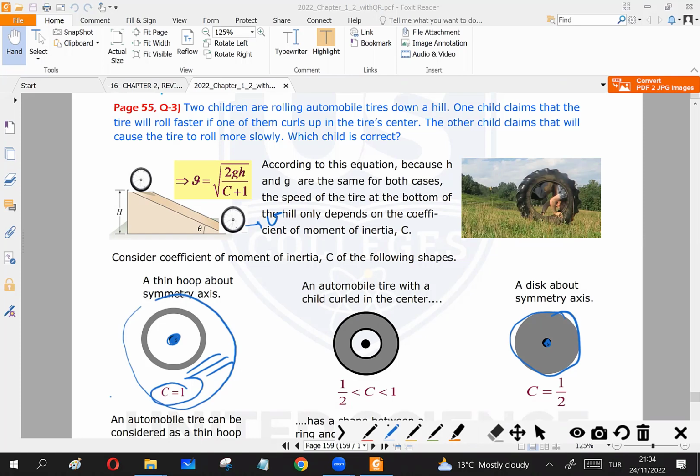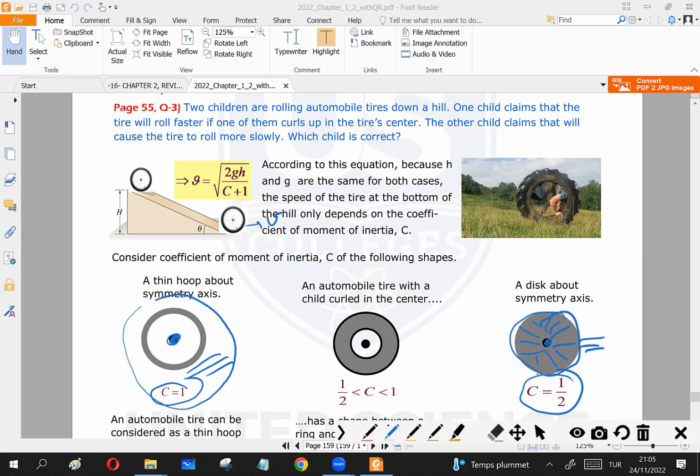When we think about the disc, which is completely full inside, it has a c which is 0.5, one half. Then we can easily answer. If we release these two figures from the same height, which one is faster? We can answer easily. It's the disc, not the tin hoop.